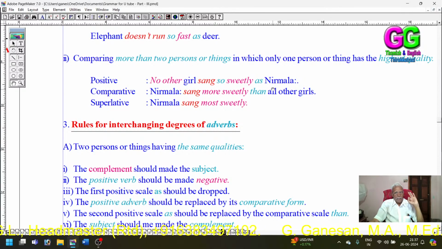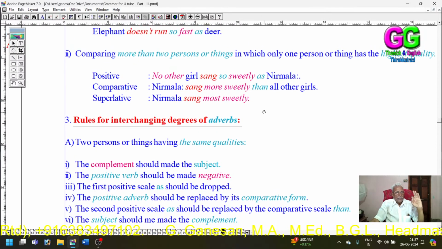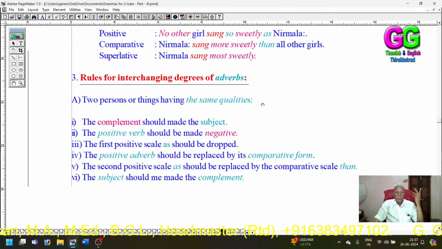Here, so as in positive, than in comparative, and in superlative, only the superlative form of the adverb would show the supreme action of the subject. So, no other girl sang so sweetly as Nirmala. Nirmala sang more sweetly than all other girls. Nirmala sang most sweetly. Positive, comparative, superlative degrees.